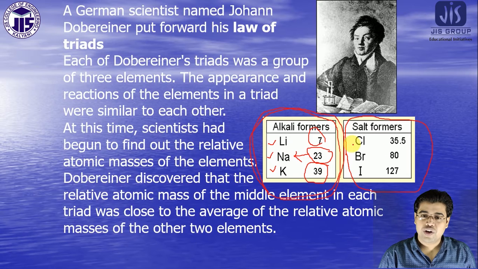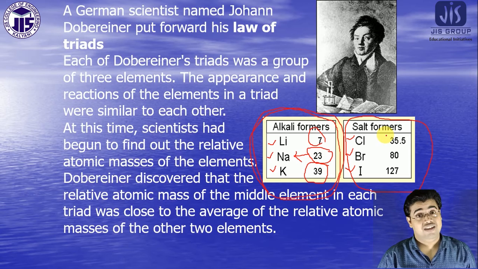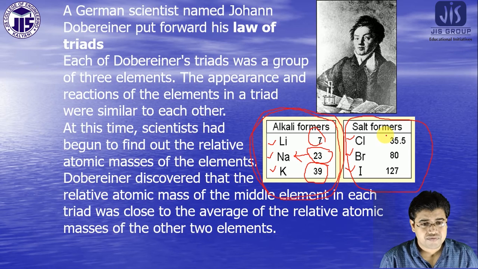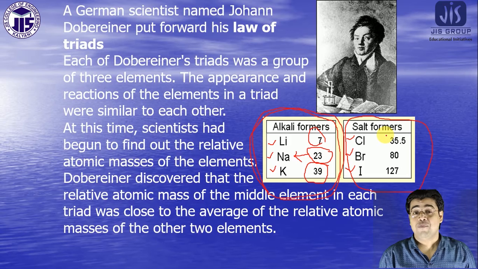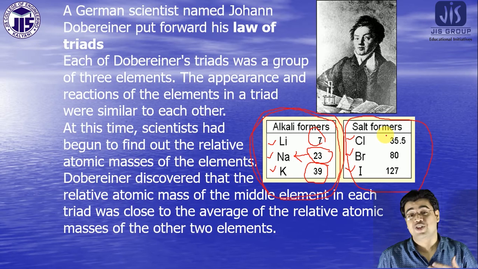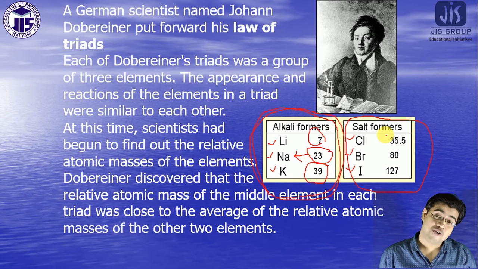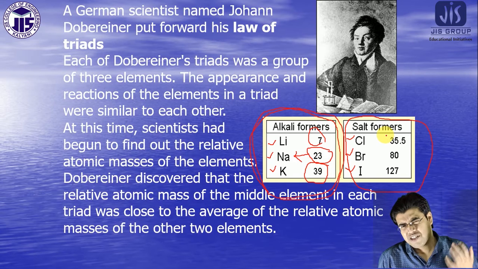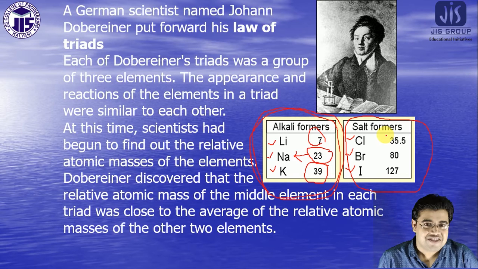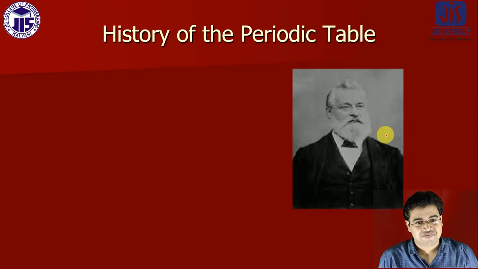And also chlorine, bromine and iodine, those 3 elements also have similar properties. So that's why first of all Dobereiner established such an arrangement, by which we got the concept of arranging the elements individually.